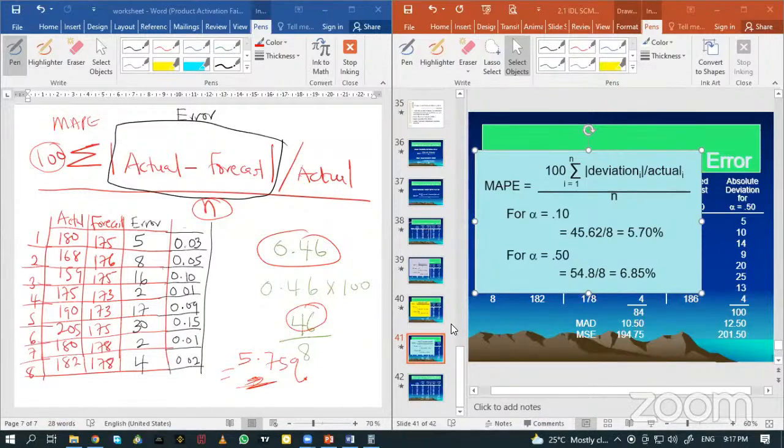I wanted to find out that when calculating for any of these margins of error, be it the mean squared error or the mean absolute percent error, are there times you'll be giving an alpha?